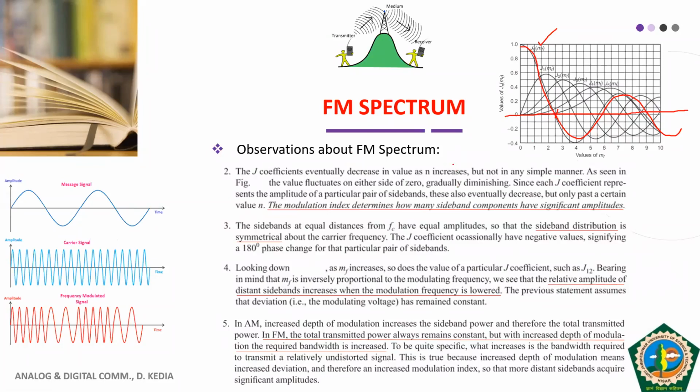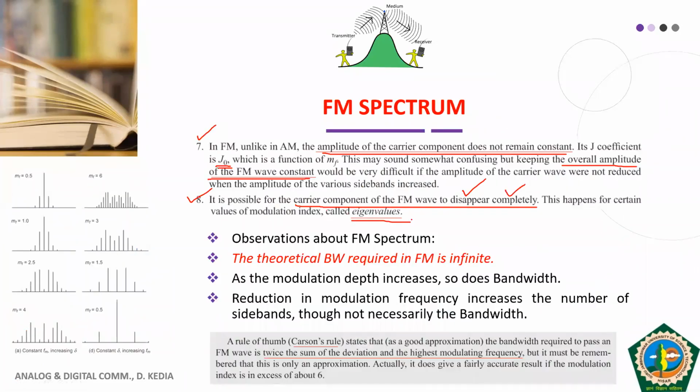Those values of MF, for which J naught becomes 0, are called eigenvalues. I hope all of you have understood these observations related to the FM spectrum.